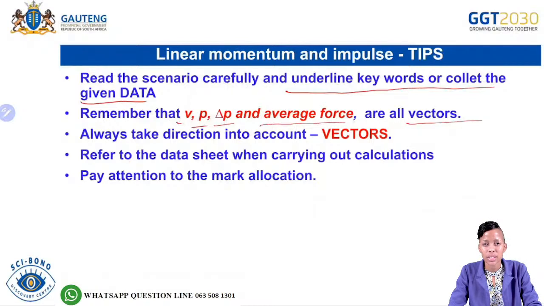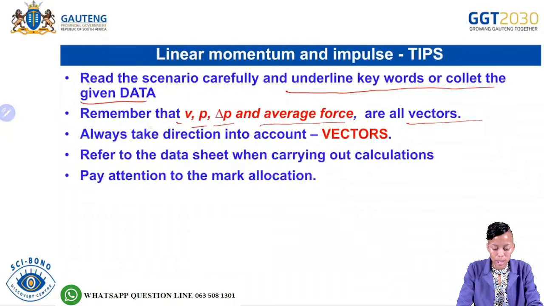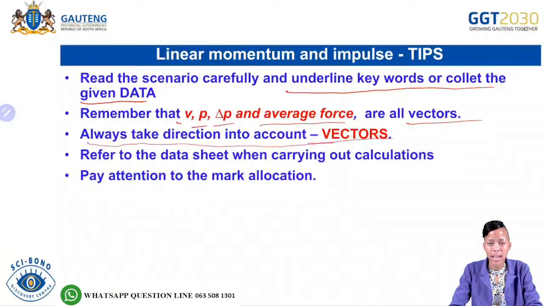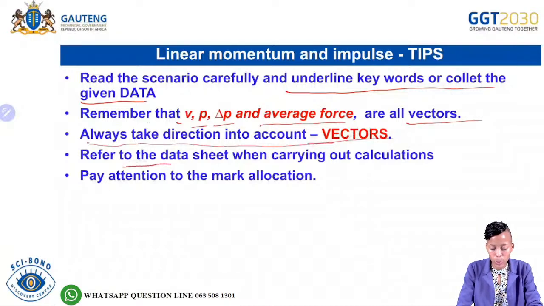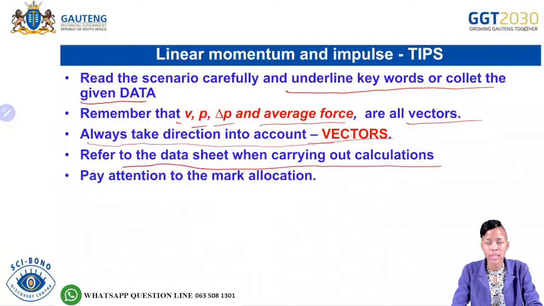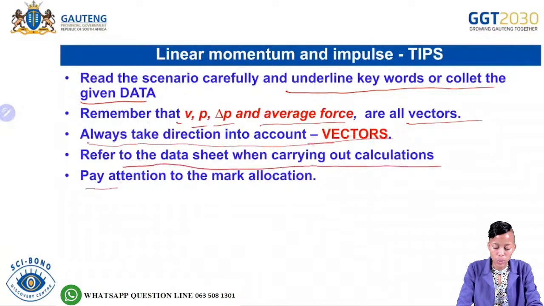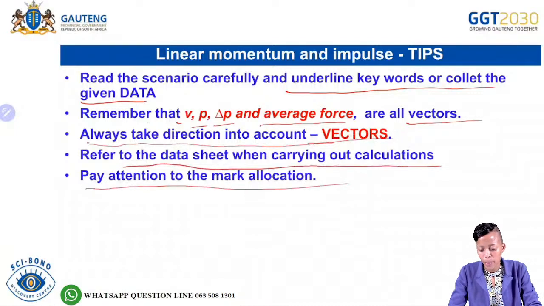A vector is a physical quantity which has both magnitude and direction. Always take the direction into account for vectors. Refer to the data sheet when carrying out the calculations, and pay attention to the mark allocation.